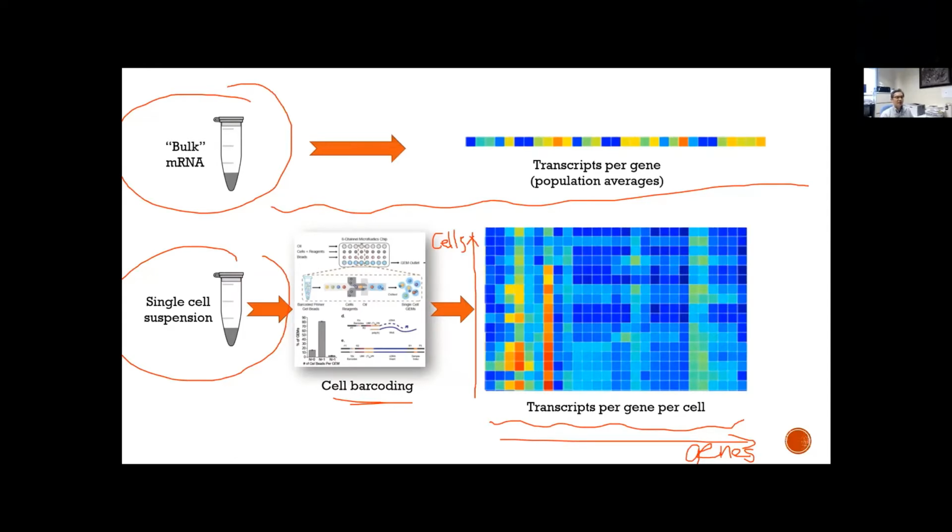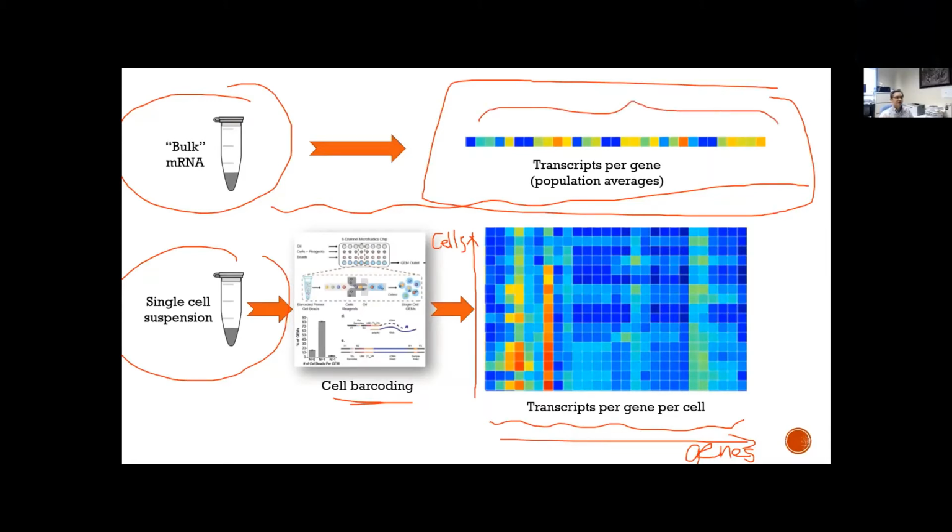It wasn't like that. Traditionally, we get the information like this. For each sample, we have a vector. Of course, there are a lot of genes. But for each sample, you only have one data point for each gene.